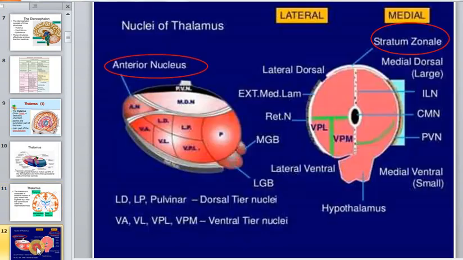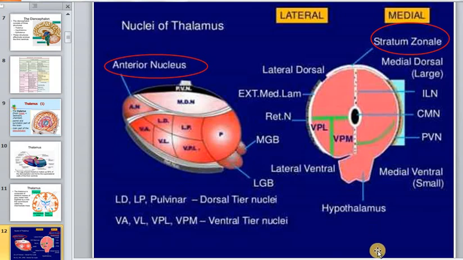And here we see a new slide about the structure of the thalamus. Its superior surface is covered by a thin layer of white matter called the stratum zonale. Here we see this white matter, and its lateral surface by a similar layer called the external medullary lamina.